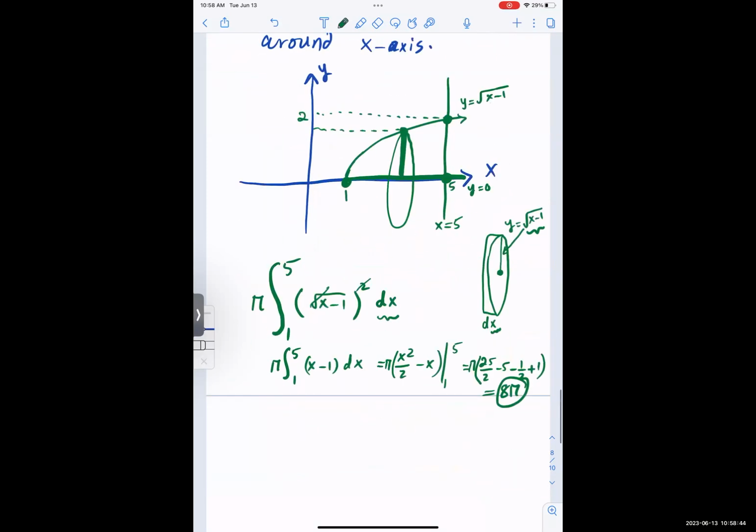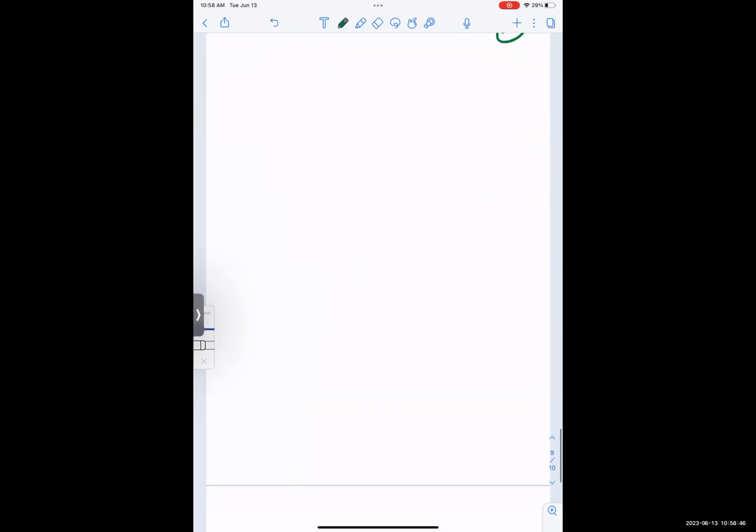Okay. Let's do another example. This is coming from the textbook, example 3.